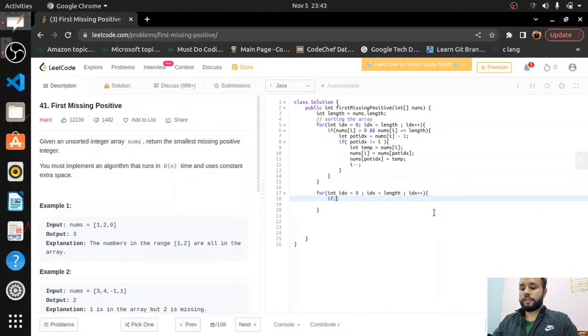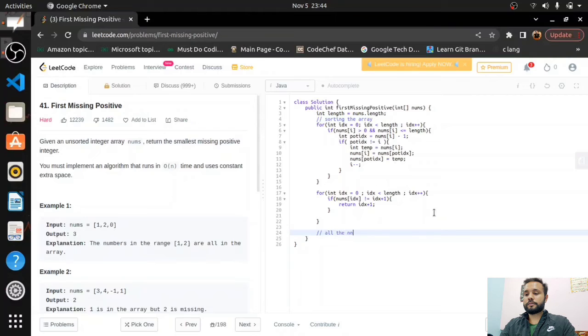So if nums of index is not equal to idx plus 1, then return idx plus 1, otherwise it's okay. And if all the numbers are present, we will reach this point only when all the numbers are present.